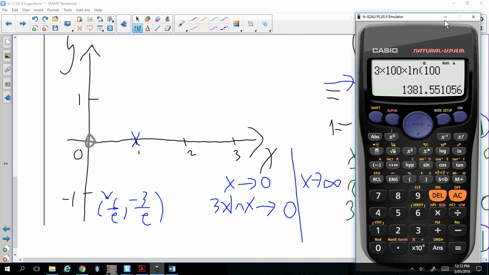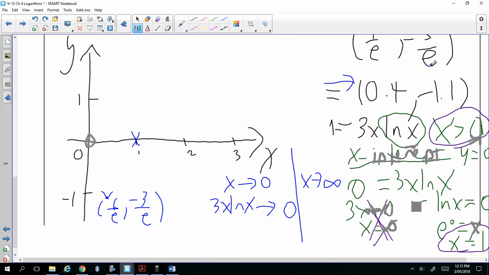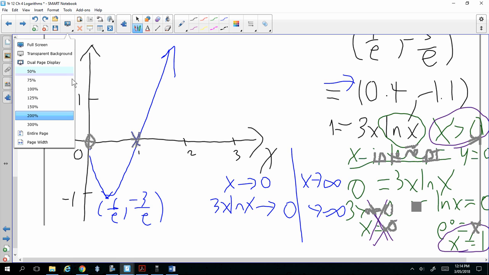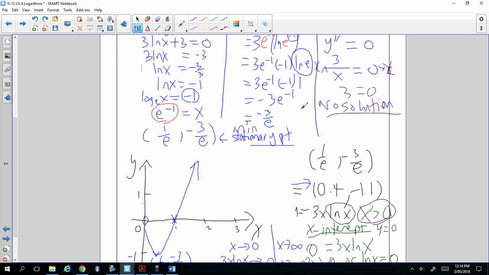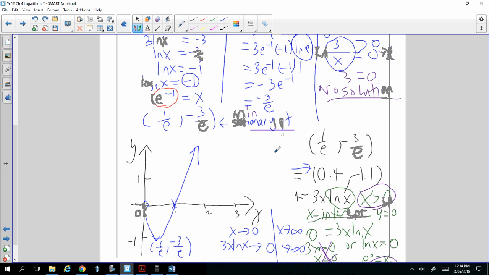Now we're ready to sketch, so it must look like this. And we can see from the second derivative that it's always positive for positive values of x, so it's always concave up, minimum. So that's your graph.